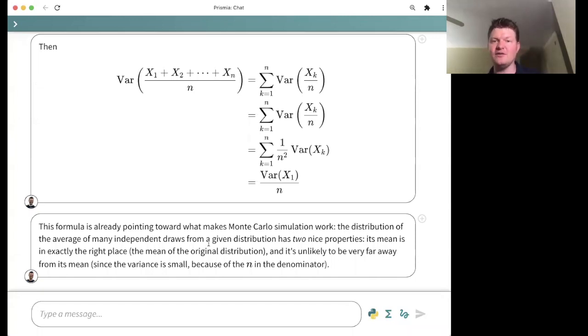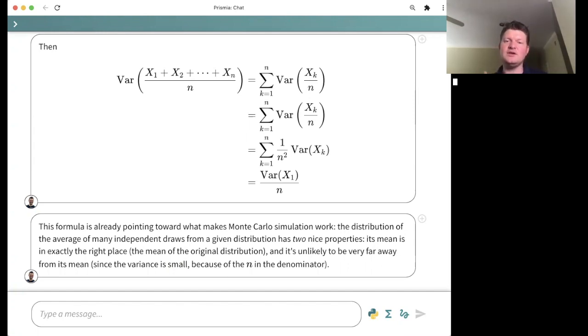If it had a lot of probability mass far away from its mean, then just by the definition of variance, it would have a high variance. And it doesn't. It has a small variance if n is really large, because whatever the variance of x1 is, if n is a lot bigger than that, then this number is going to be small. And it's going to be very probable that the actual value of the random variable is quite close to its mean.